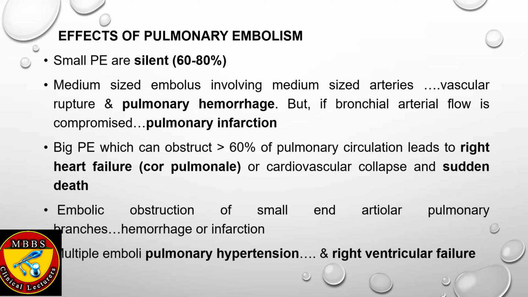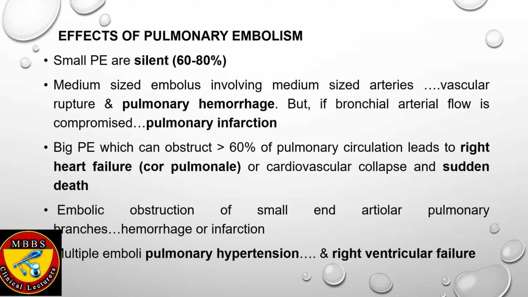As you know, the lung is supplied by the pulmonary artery as well as the bronchial arterial flow. So there are lots of collaterals present, so they can cause pulmonary hemorrhage. But if the bronchial artery flow is also compromised, then it can lead to pulmonary infarction.